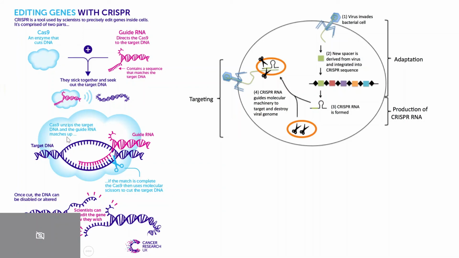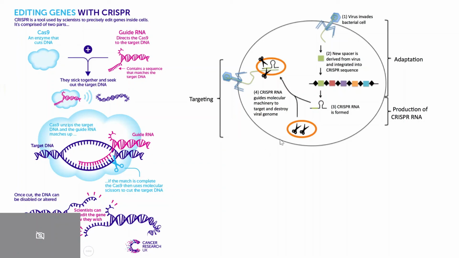The Cas9 will unzip the target DNA, the guide RNA will match up because it's got a complementary sequence, and if the match is complete, then the Cas9 will cut the target DNA. And then once it's cut, the DNA can be disabled or altered, or it can be edited as well.